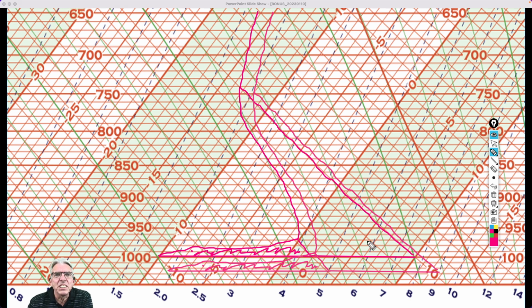Now, the amount of energy required to get us to 50 is proportional to this huge area here. Okay? Much, much bigger than this area here, which got us from 14 to 36.